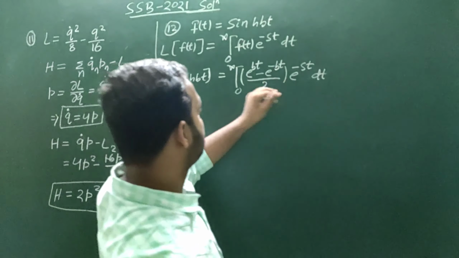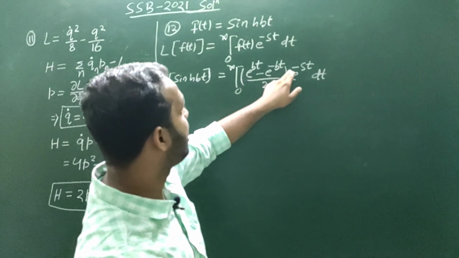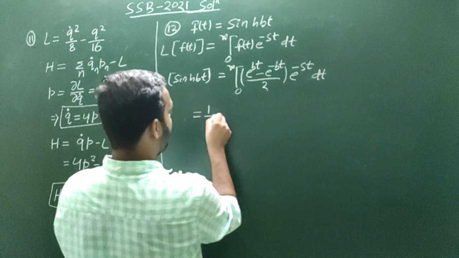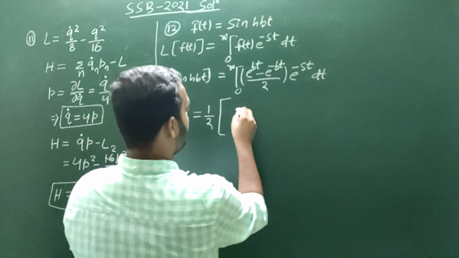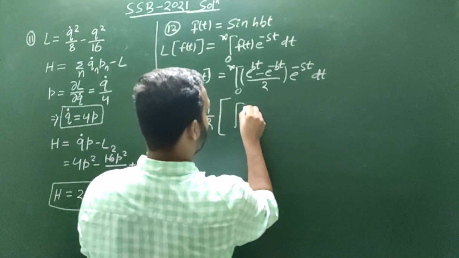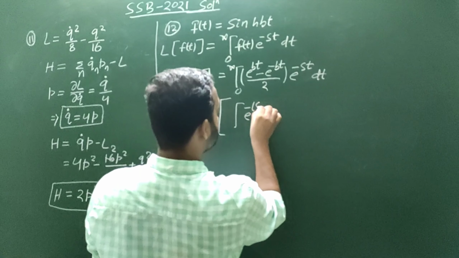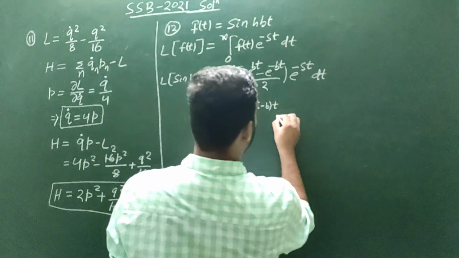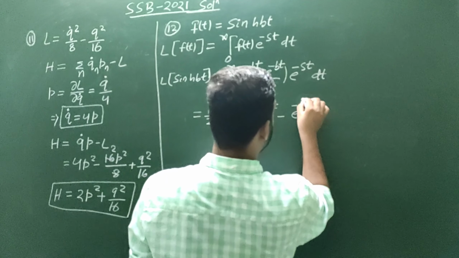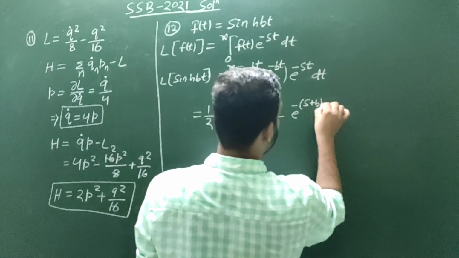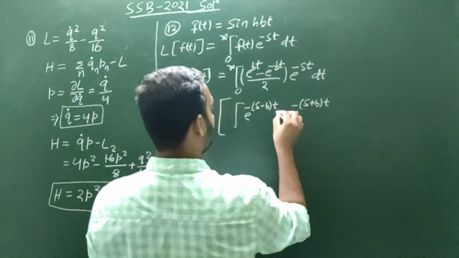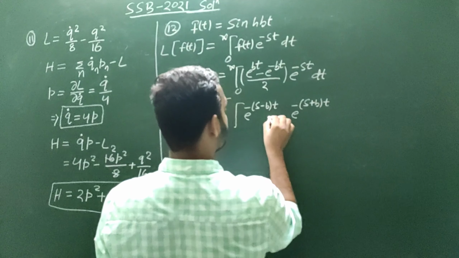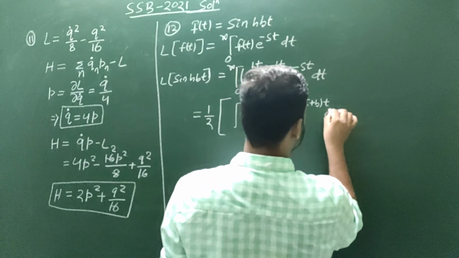Now open this bracket. Taking half common, the first term will be e to the power minus s minus b into t, minus e to the power minus s plus b into t, so here dt and here also dt.